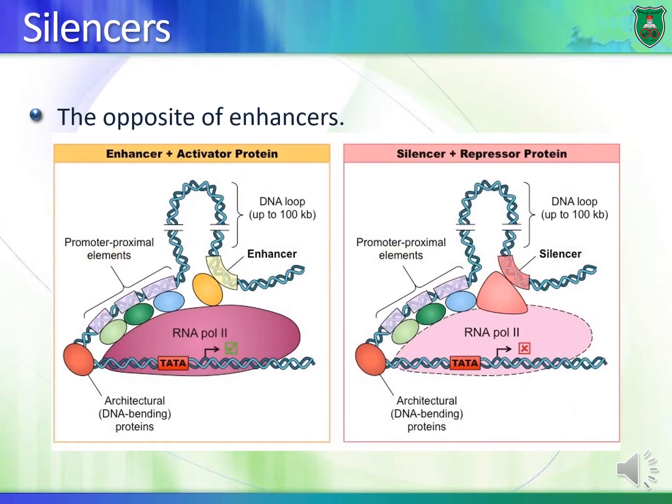Now, in addition to enhancers, we have silencers as well. Silencers would interact with specific proteins, and these proteins would prevent the RNA polymerase and the pre-initiation complex from initiating transcription. So it's the opposite of enhancers.